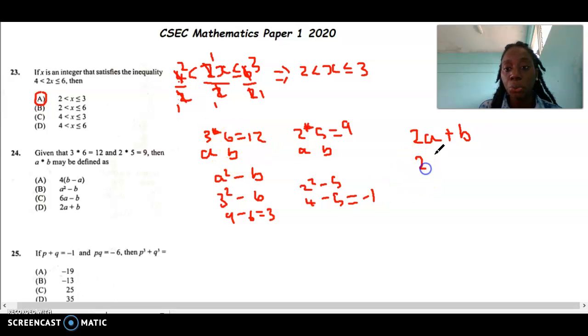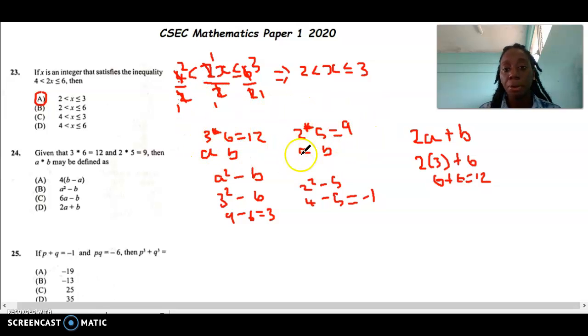So that is 2 times 3 plus B, which is 6. 2 3s is 6 plus 6 is equal to 12. So I realize that this answer matches this condition.